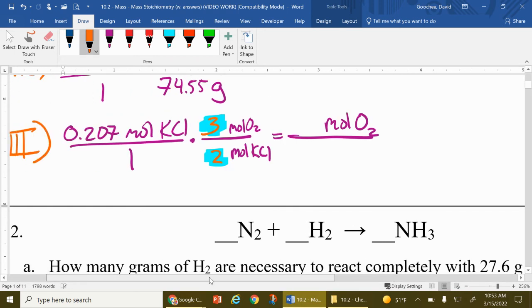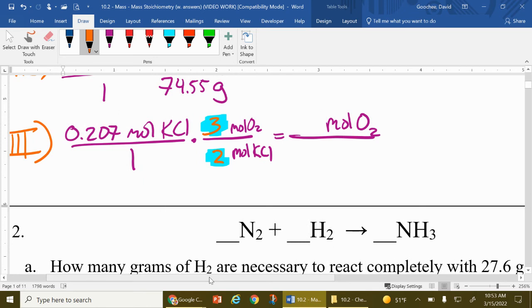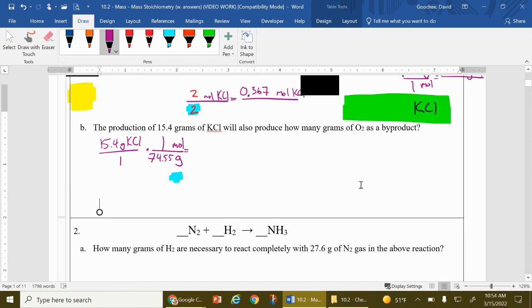So to solve this, it's just going to be 0.207 times 3 over 2. And we get 0.311 moles of O2.